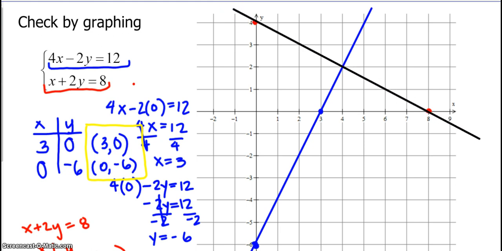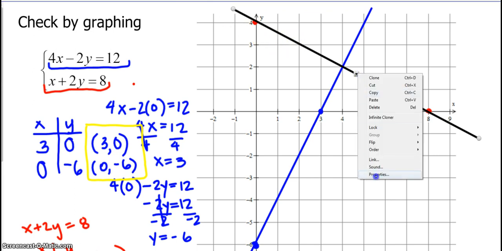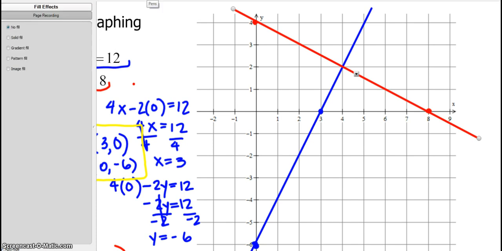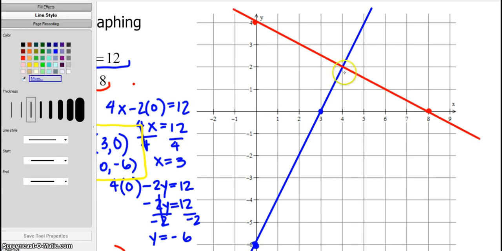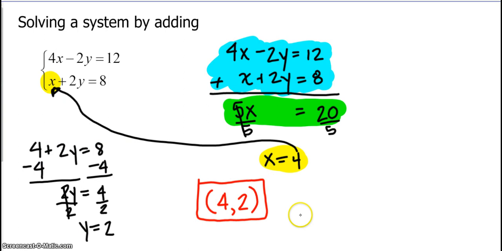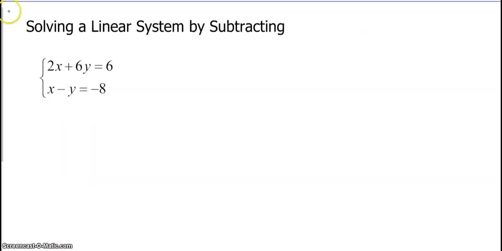And you can see, before I even make that line red, that the location of their intersection is at the ordered pair 4, 2. Now this shouldn't be a surprise, because if we look back at the algebra solution, our ordered pair was indeed 4, 2.